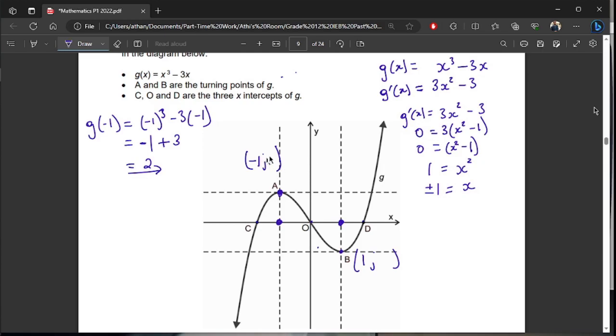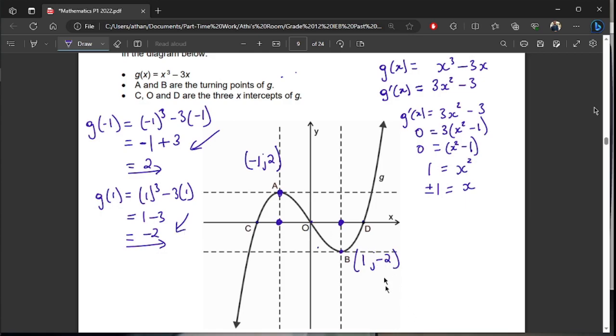And then the second value of y would be g at positive 1, which is 1 minus 3 times 1, which gives us 1 minus 3, which is negative 2. That means at A, y is positive 2, my mistake, and then at B, y is negative 2.